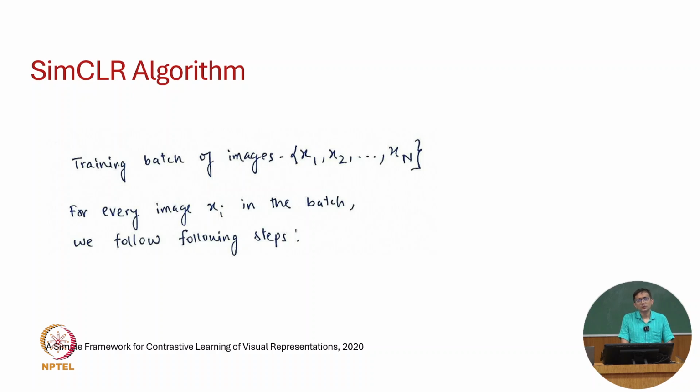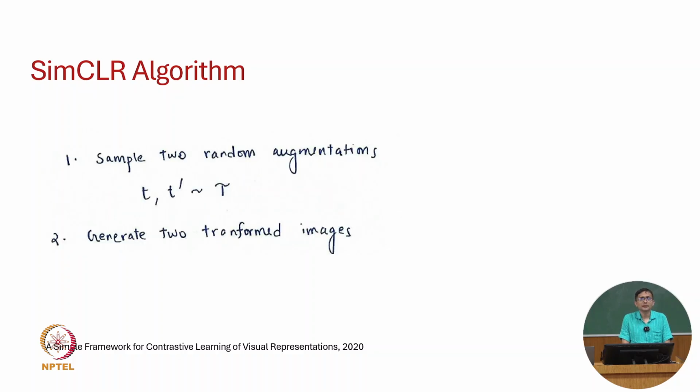We'll follow a number of steps for this image xi. What are those steps? We would sample two random augmentations, let's say t and t dash, from a family of possible augmentations available to us, and thus we would generate two transformed images.